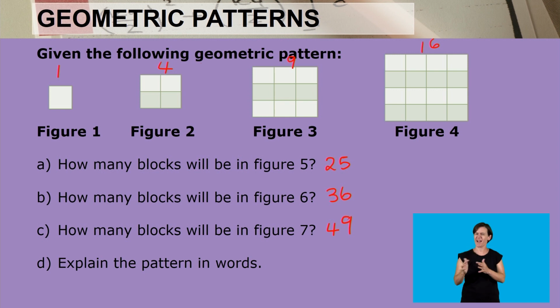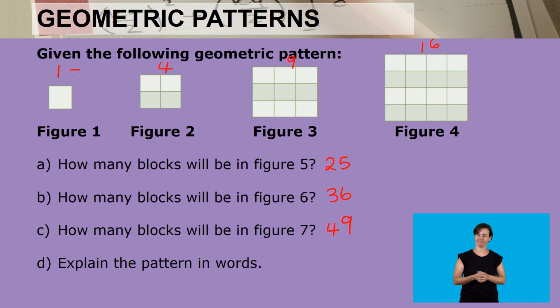Now, you have already seen this pattern. That's why you were able to get the number of blocks in these figures. But let's look at how it is. So in the first figure, there was only 1 block. And in the second figure, there are 4 blocks. What is the relationship between the term number and the term itself, or the figure itself?